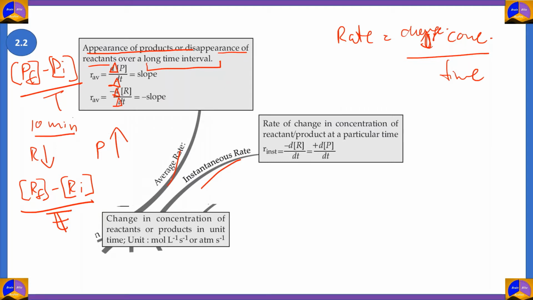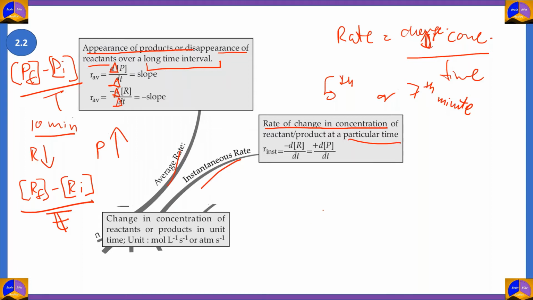However, how do I find the rate of a reaction at, say, the 5th or 7th minute of a chemical reaction? So for that, we use instantaneous rate, the rate of change in concentration of a reactant or product at a particular time.